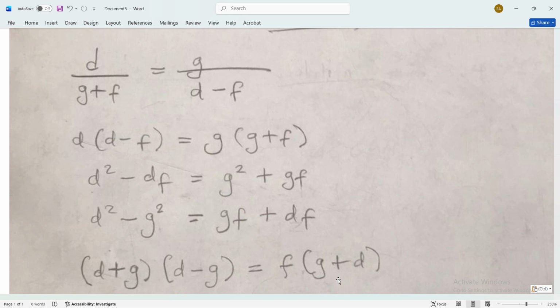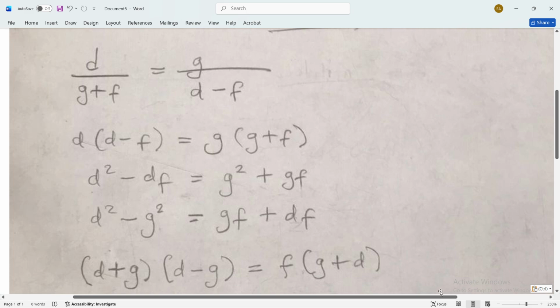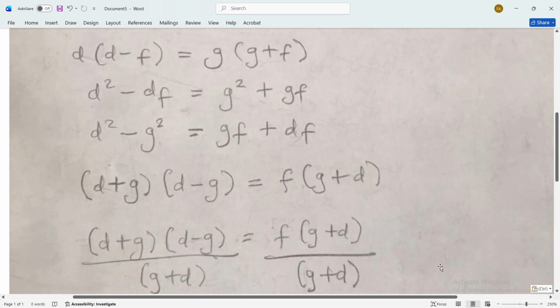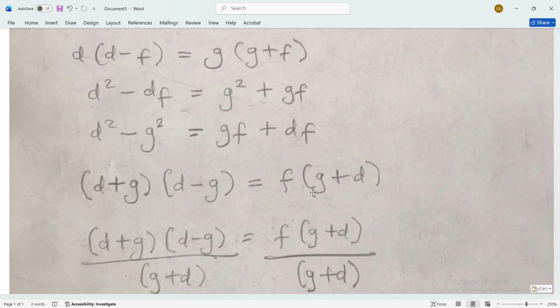Whatever you do to the right hand side of the equation, you do the same to the left hand side. So we are going to have our new equation to be the fraction all in brackets d plus j multiplying d minus j over j plus d equals the fraction f multiplying j plus d all in brackets over j plus d all in brackets.